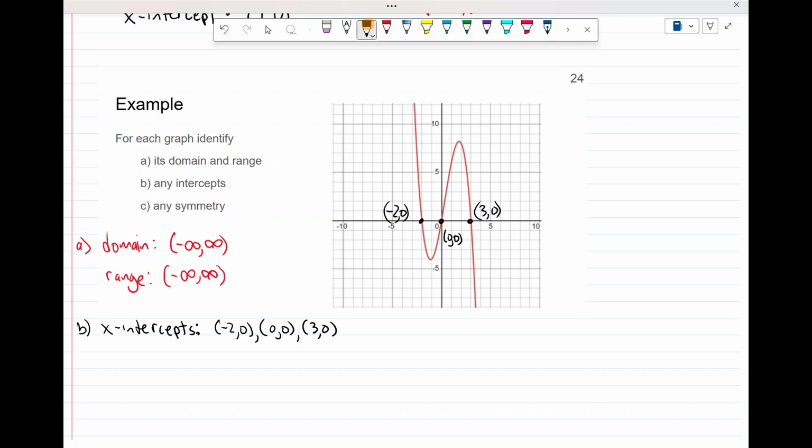Now, does it cross the y-axis? It does cross the y-axis, and it actually crosses it at a point where it also crosses the x-axis at the same time. Right there. So here is my y-axis, and notice my graph crosses at 0, 0. So the y-intercept, there's only one.